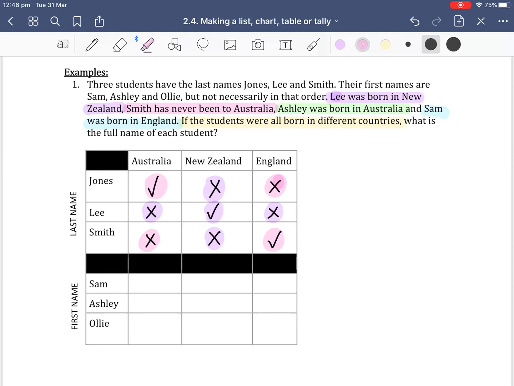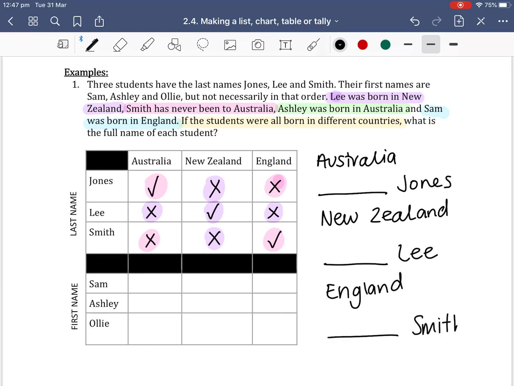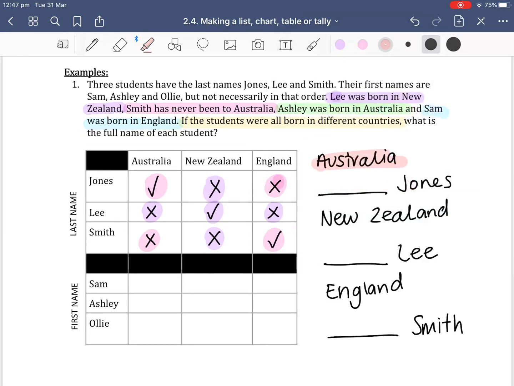So from those 2 pieces of information, we have now worked out that for Australia, it is going to be somebody Jones. For New Zealand, it is somebody Lee. And for England, it is somebody Smith. So that's what we can tell from our pieces of information so far.